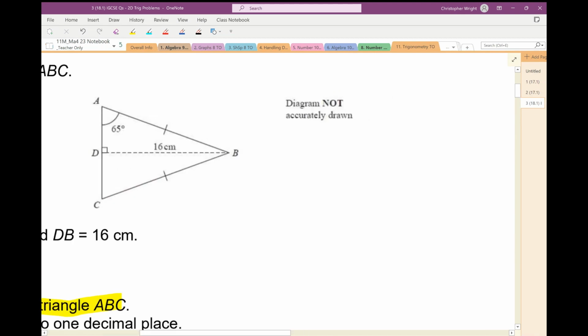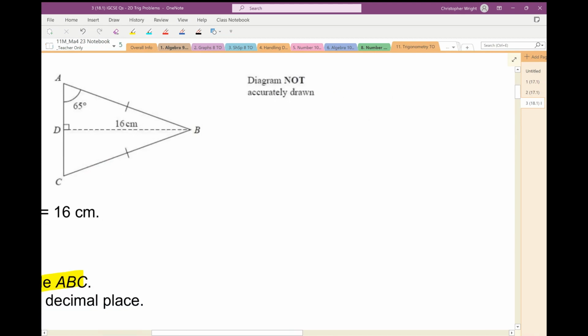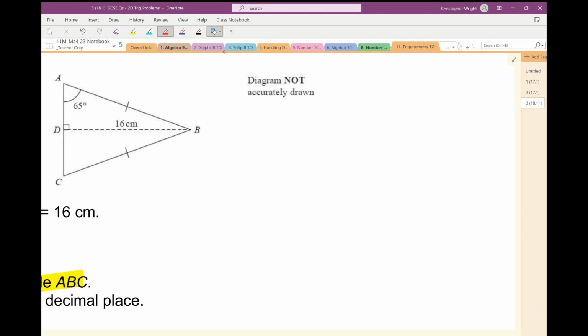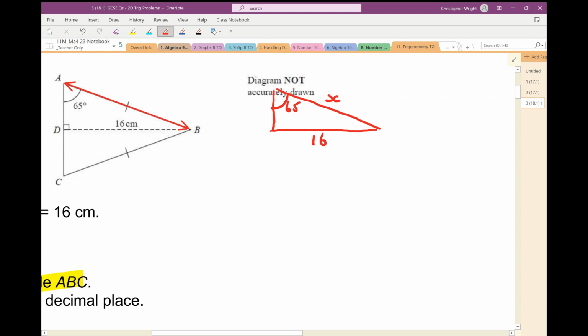Okay, here's the triangle here. And one of the lengths I need to find is this length here, the length from A to B. Now I can find that length by looking at this right angled triangle here, the top half of the isosceles triangle. That's 65, that's 16, and I'm trying to find that length, which I'm going to call X. Right, I can do that using trigonometry, of course.